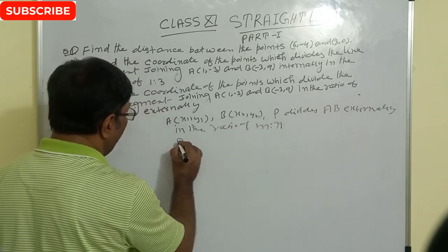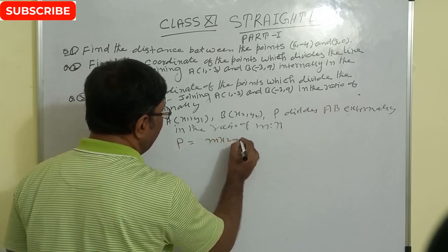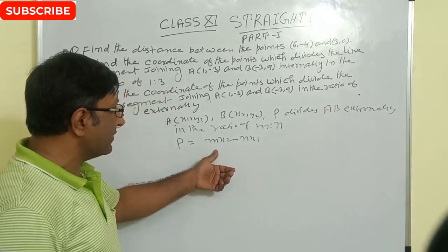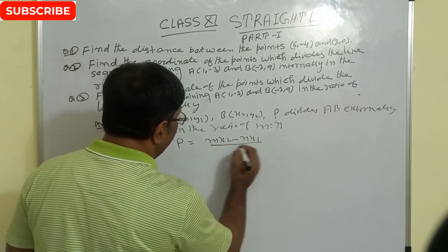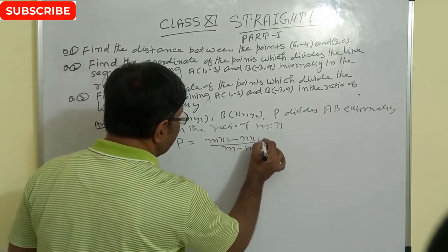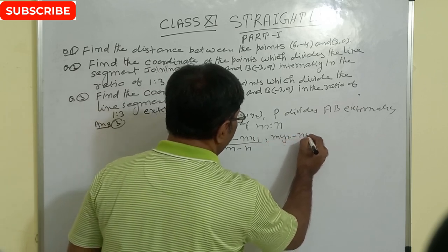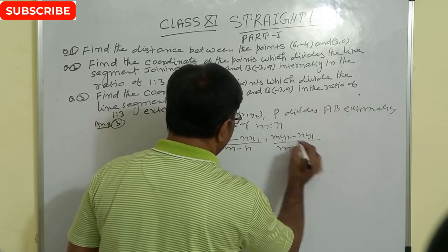Then the coordinate of P is the same format, mx2. Here minus. When it is external, then we take minus. So mx2 minus nx1 divided by m minus n. Same here, my2 minus ny1 divided by m minus n.